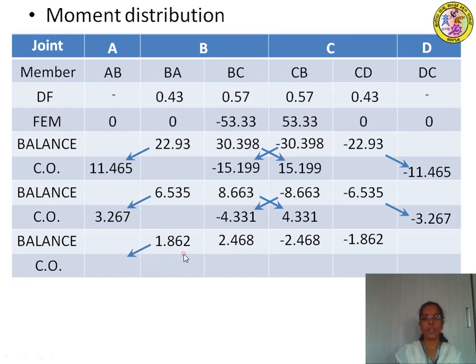Half of 1.862 will be equal to 0.931. From BC to CB, half of 2.468 will be 1.234, and from CB to BC, half of minus 2.468 will be equal to minus 1.234, and half of minus 1.862 will be equal to minus 0.931. That is the moment carried by DC from CD.